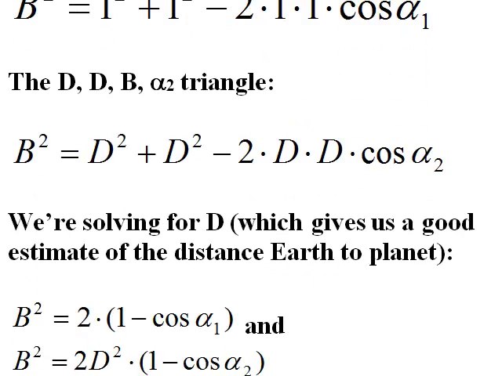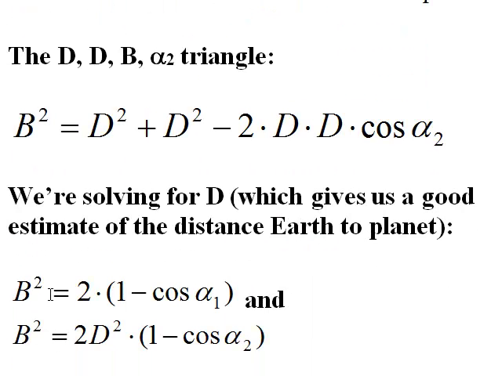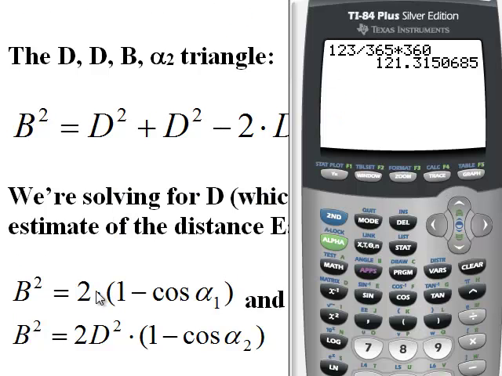So I'm going to get B by doing this one here on the calculator. So square root of 2 times 1 minus cosine of 121 degrees. Okay, 1.74.